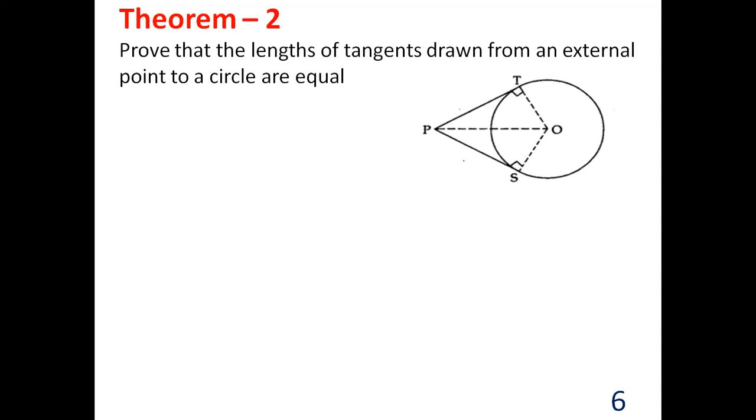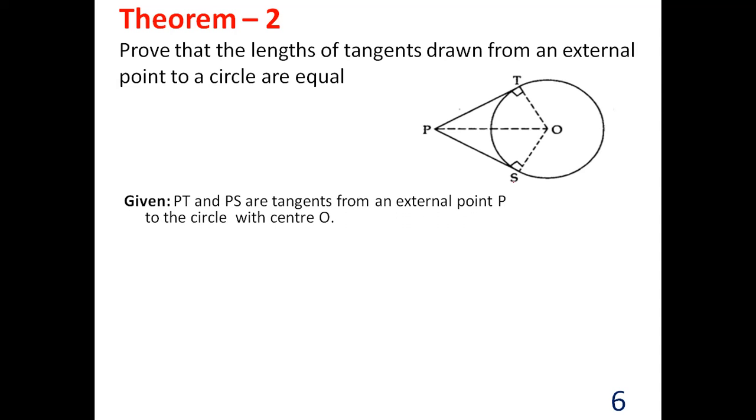So for this, join PO and TO and SO. All these points we are joining. Now you have understood already because they are dotted lines. PT, PS are the tangents from an external point P to the circle with center O. What to be proved? PT equal to PS we have to prove. Construction, join O to P, T and S, of course.